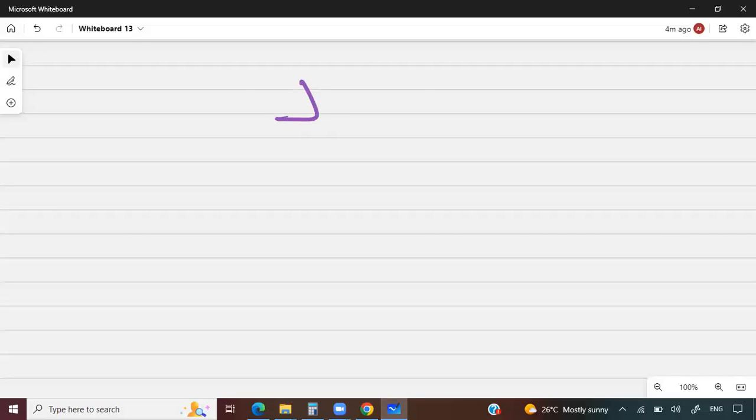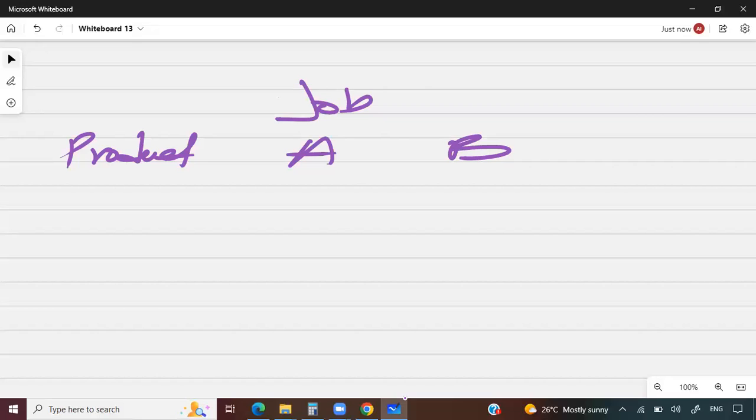If the way I am going to produce product A is not the same as the way you are going to produce product B, then which costing method do we use? We use job costing.